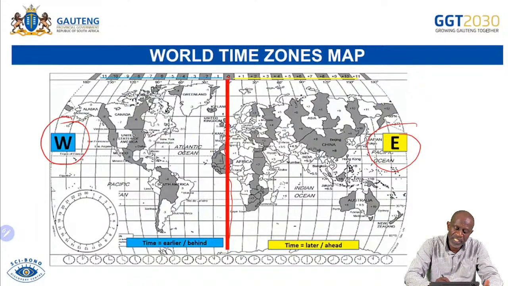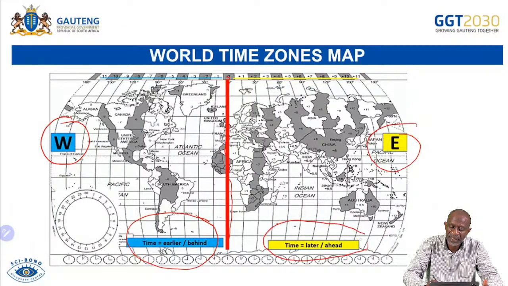What is important is that going to the left, or going westwards, you always subtract, and eastwards you add. It also suggests that the time on this side, which is the west, is behind the time in the east.